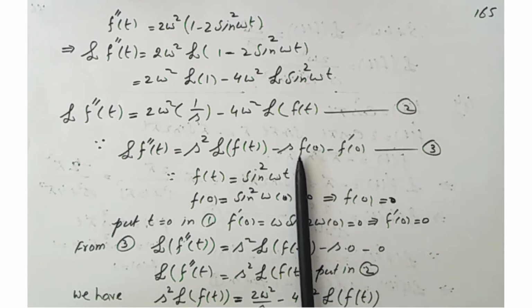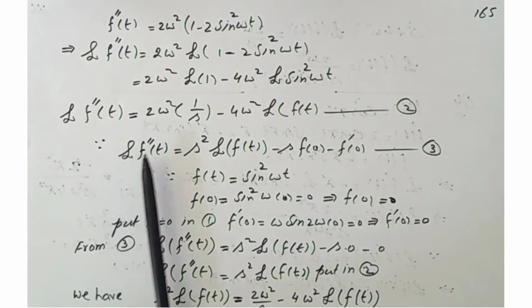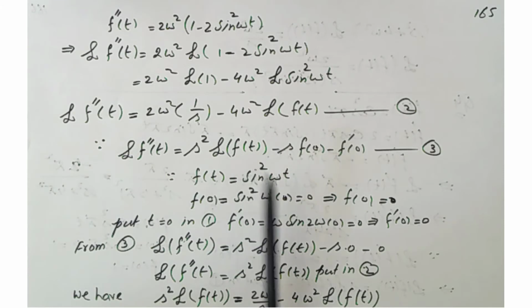We have f(0) equal to 0 and f'(0) equal to 0, so we put these here. So Laplace f''(t) equal to s square Laplace f(t) minus s into 0 minus 0. So Laplace f''(t) equal to s square Laplace f(t). Put this in equation number 2.